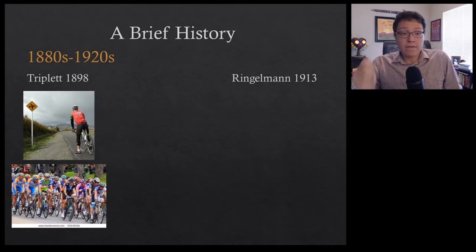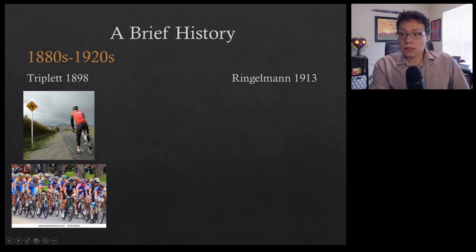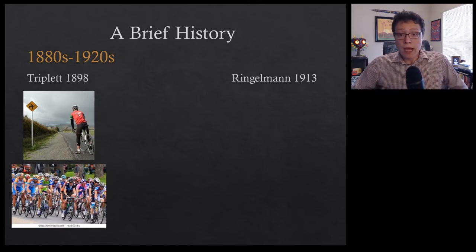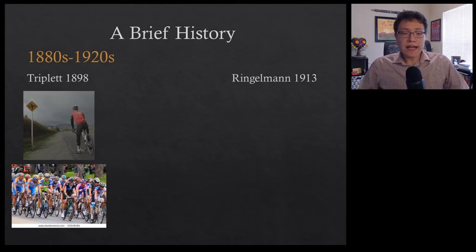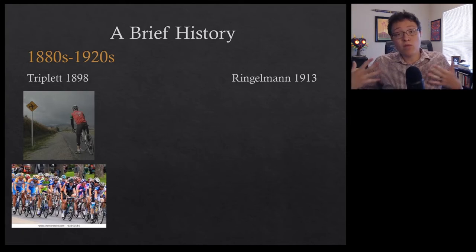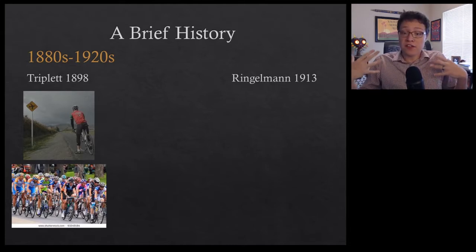So he had one group biking alone while the other individuals were biking as part of a group. And what he found was that if you're biking as part of a group, you tend to bike faster than if you bike alone, which is a very interesting finding. We might suggest that people in our group are pushing us to go faster and do more. So we see that people's behavior is changed as a function of the presence of others.